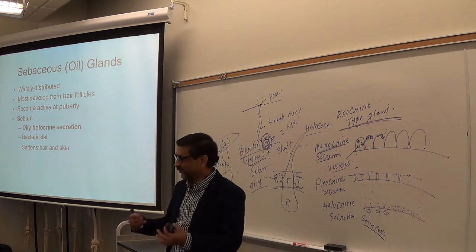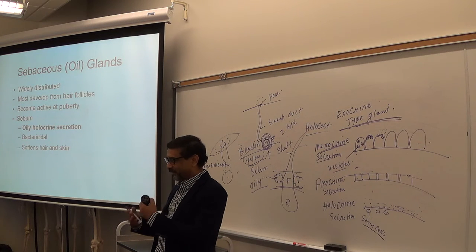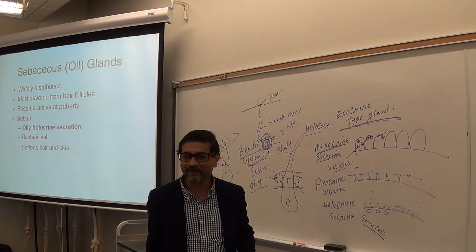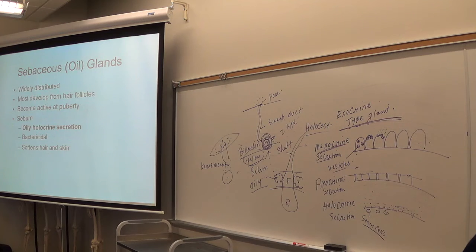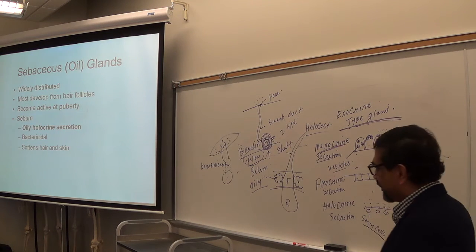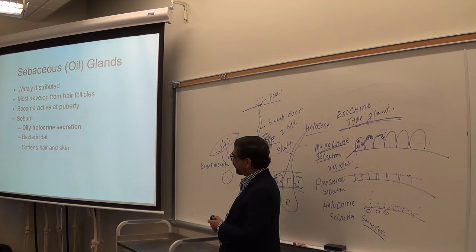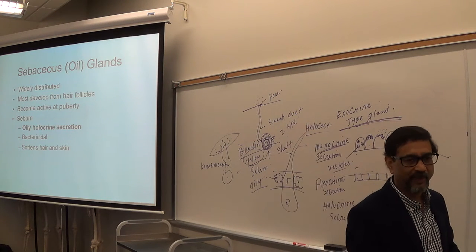Makes sense, right? So if someone has more sebaceous secretion, they'll need to buy cream to take care of hair or skin. That is the sebaceous gland, also called the oil gland. Okay, make sense? So let's stop here.